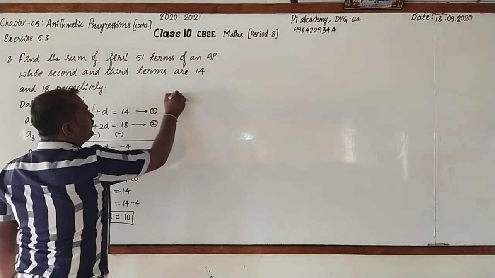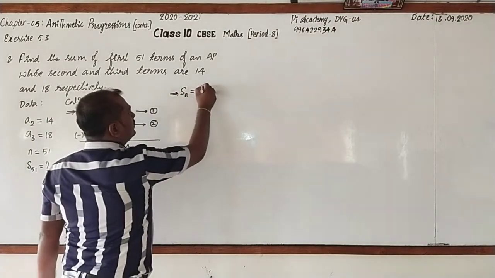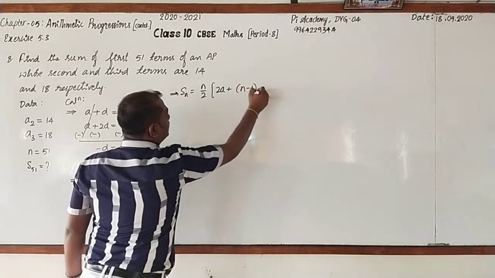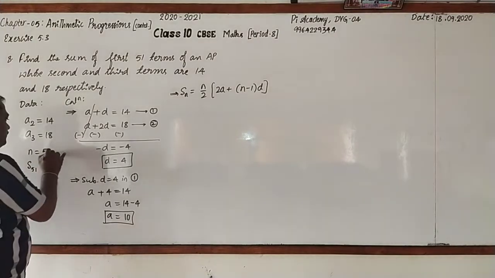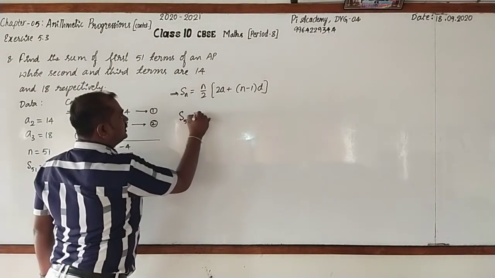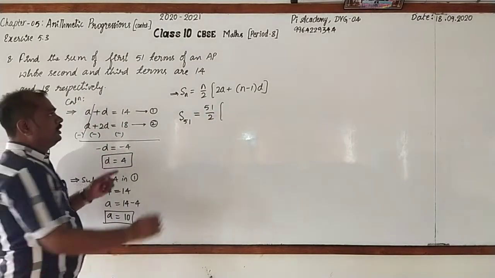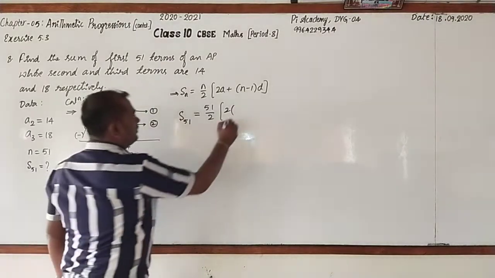Then we can find out Sn. What is the formula? It is n by 2 into 2a plus of n minus 1 into d, where n is 51. Here I write, S51 is equal to 51 by 2 into, substitute, 2 into a is how much? It is 10.